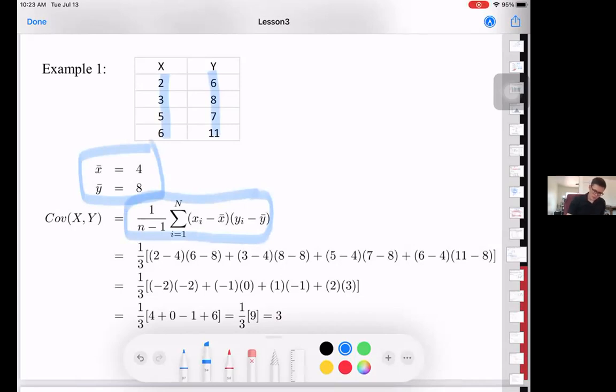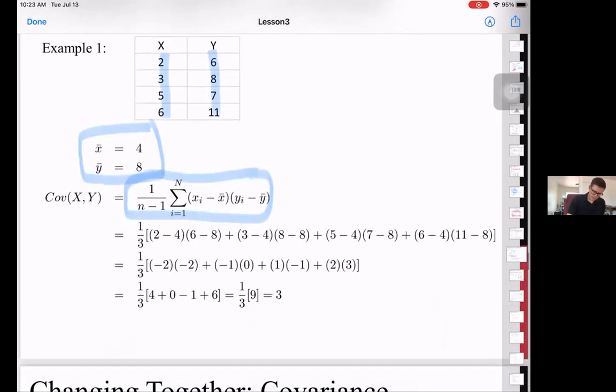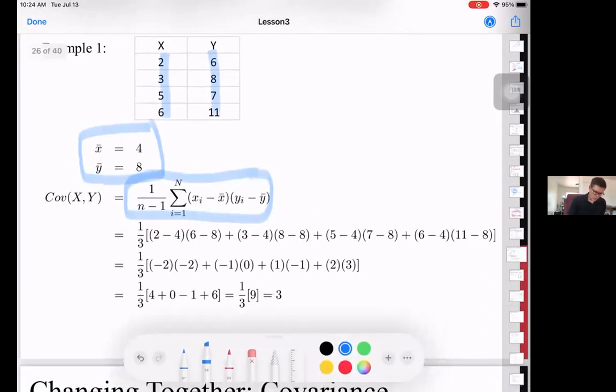So what are we doing? Let me just try to push this up a tab. Each of these products will be one data point, one observation.